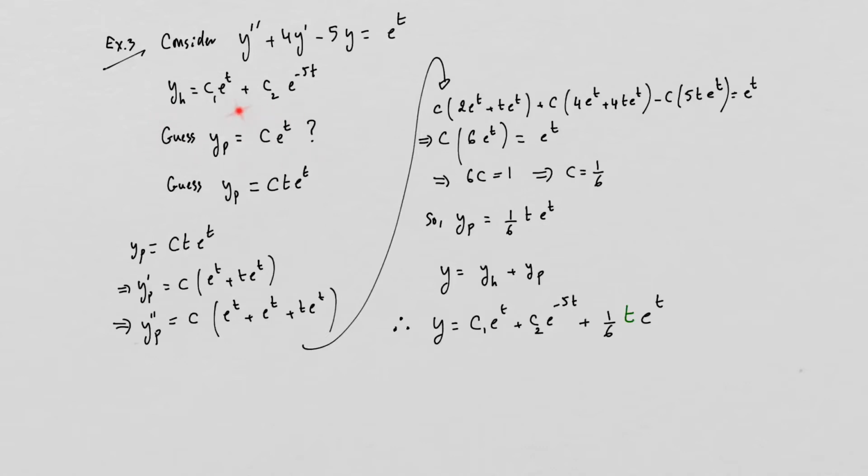This is not going to work, even though your common sense tells you to pick a multiple of e to the t. Instead, we're going to take advantage of what we did last time with the repeated solution, where I inserted an extra t. Go back to the previous video on how my characteristic equation was a perfect square, and we ended up creating a solution, because you only get one solution double.